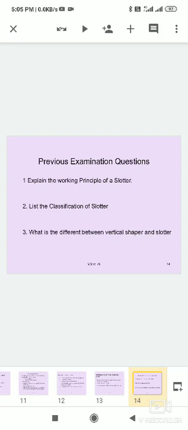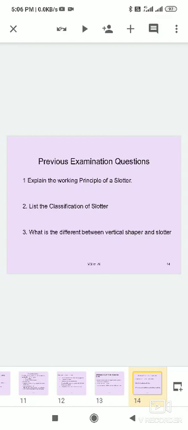What is the difference between vertical shaper and slotter? Vertical shaper and slotter is also very important. Shaper and slotter machine differences: vertical direction and horizontal direction. These directions are also very important.